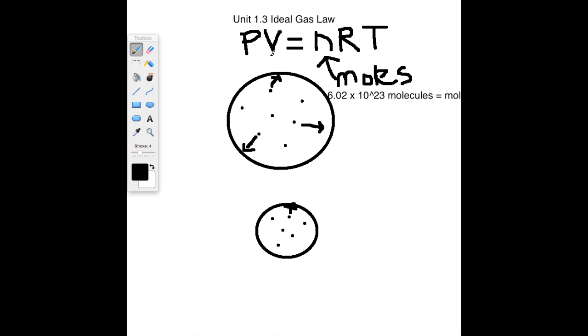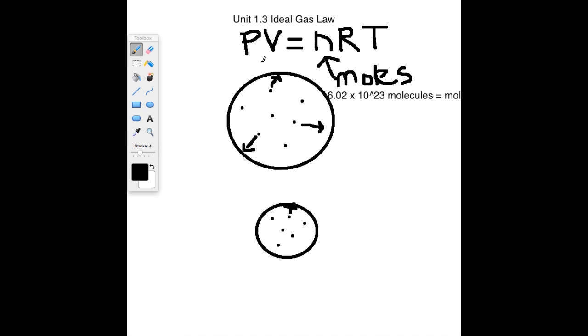Well, if you remember, in math, you could solve for any of these things. So if you wanted to figure out exactly what the V was, the volume, you'd divide by P, or pressure.